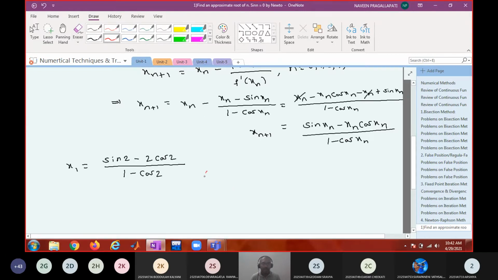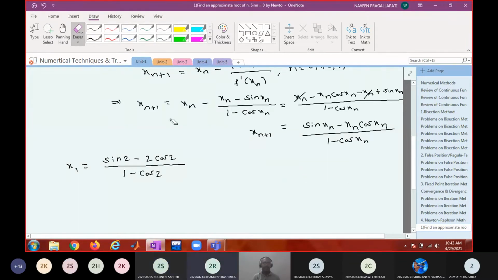Put a bracket, sine of 2 minus 2 star cos 2, bracket, divided by 1 minus cos of 2, bracket. That is how you have to input the values in the calculator. What is the value you got? 1.22981, sir.